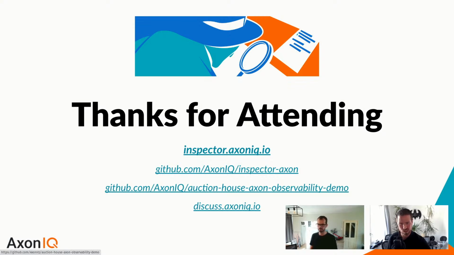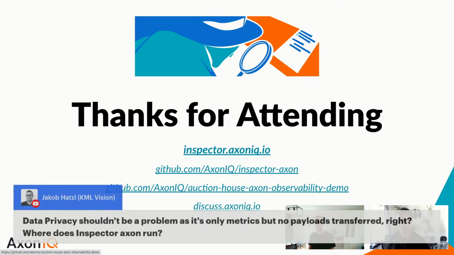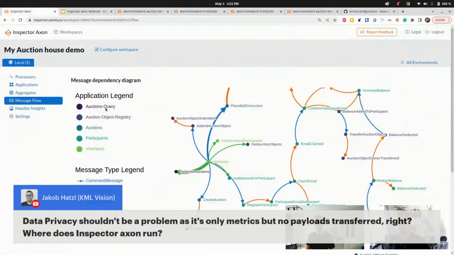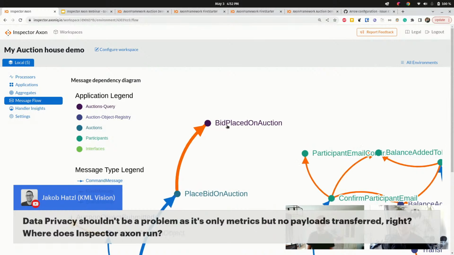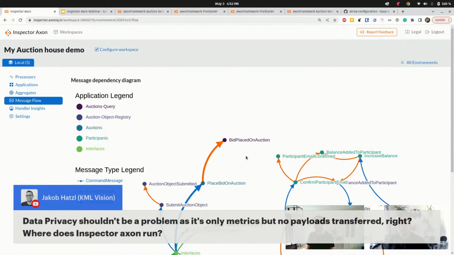There's another interesting one: since we're not viewing the payloads, there's the exception of when you use dead letter queues. Yeah, data privacy shouldn't be a problem. We only send metrics. It can be an intellectual property problem, because in Inspector Axon, you can see the flow of your business based on the message names. Whether that's a problem depends on your business and how strict they are. Data privacy, as Gerard already mentioned, if you keep personal data out of your event store, there should be no issue at all.